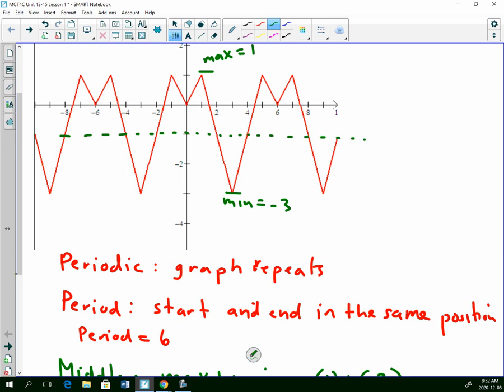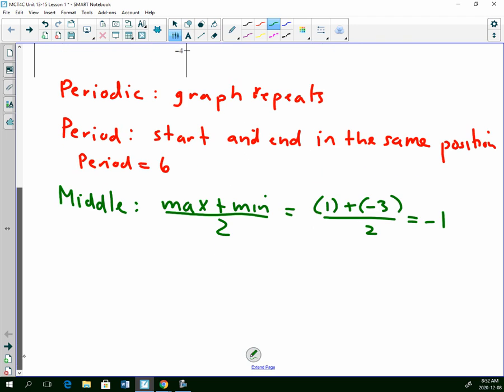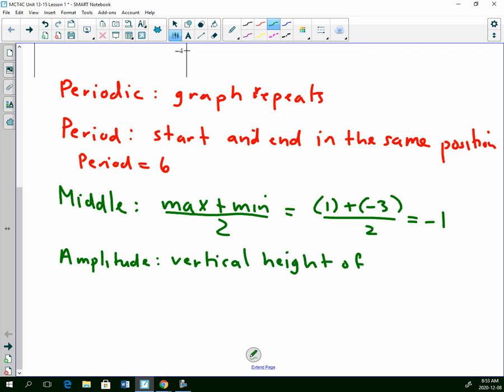And then that allows us to find the amplitude. So the amplitude is the vertical height of the graph. And that's always measured from the middle. So once I've found the middle, I could actually just read that off the graph if you want.